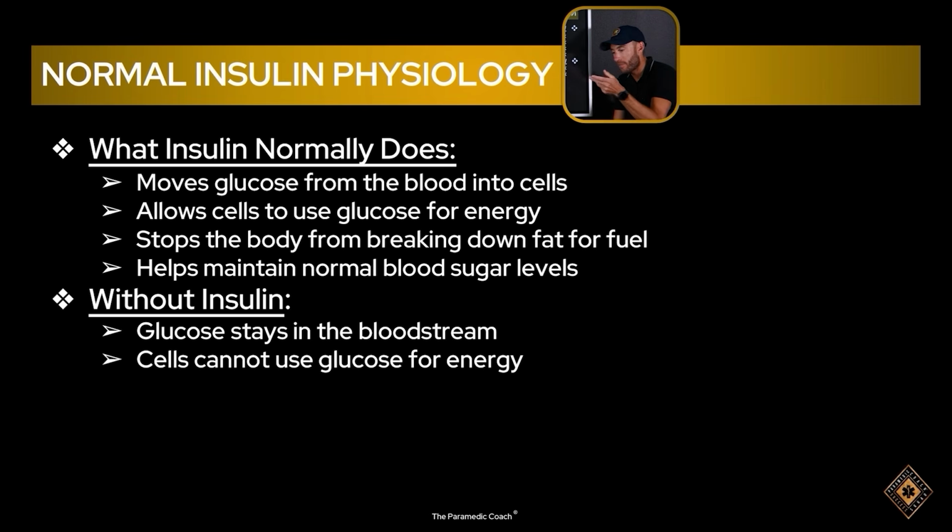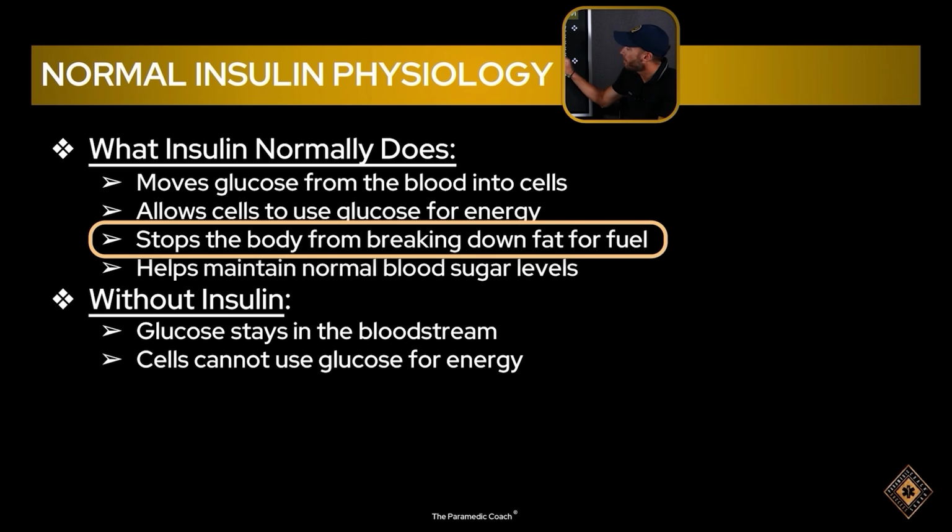Okay, if my insulin key isn't working, or I don't have insulin, glucose is going to hang out in the bloodstream and go, where do I go? And when we do a finger stick and check the blood glucose, it's high because it's all in the blood. It's not going into the cell, right?